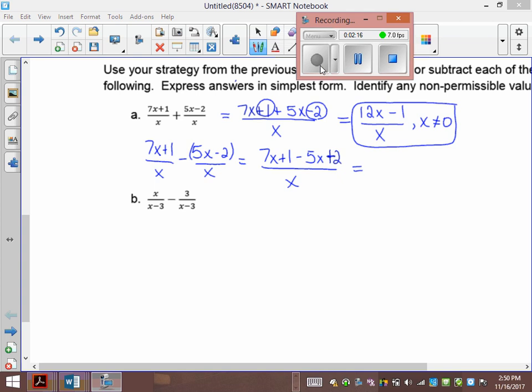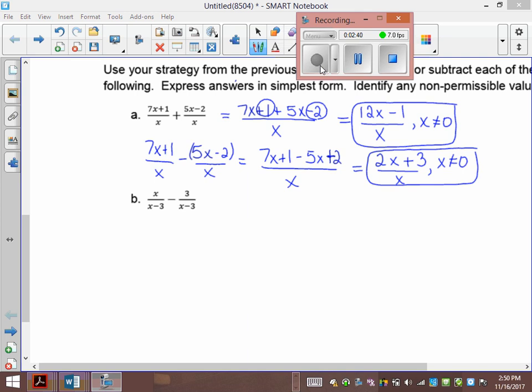And so you're going to get 7x minus 5x, which is 2x, plus 3 over x. So if there's more than a monomial behind the subtraction sign, you have to remember to subtract it all, right?